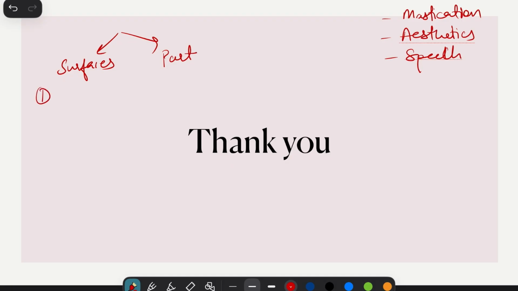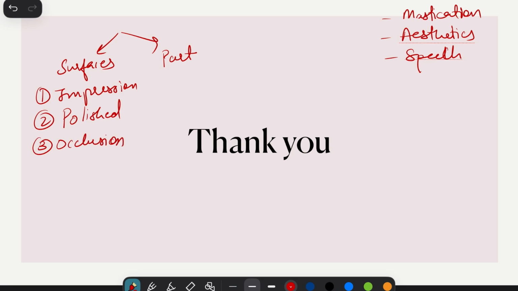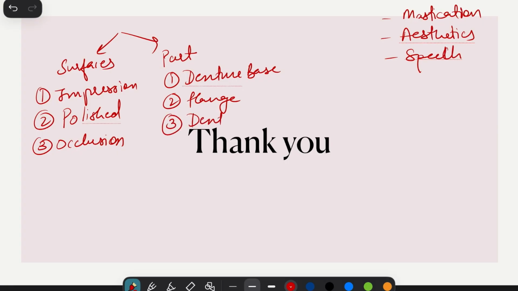The denture has three surfaces: impression surface, polished surface, and the occlusal surface, and has four parts: the denture base, denture flange, denture border, and the denture teeth. So that is all about today's lecture.